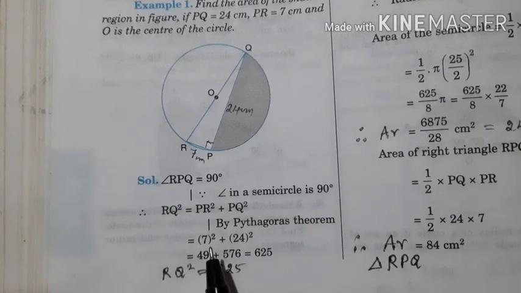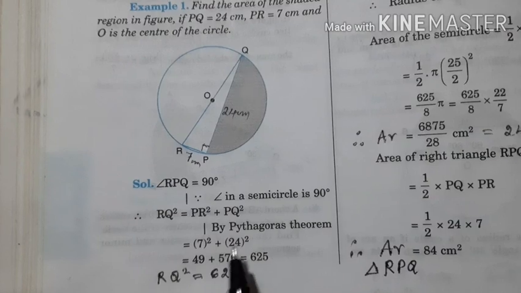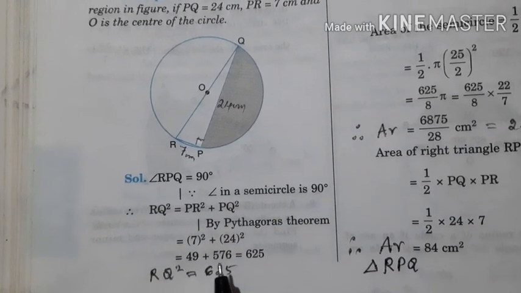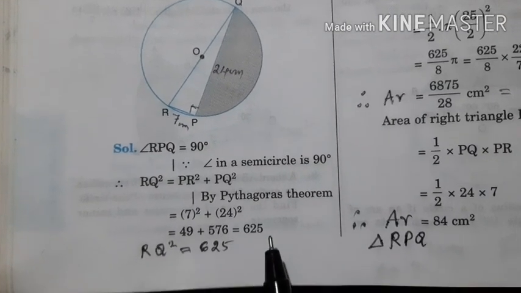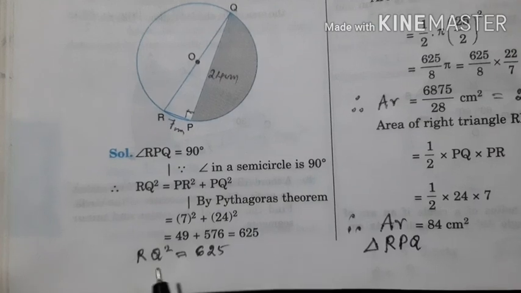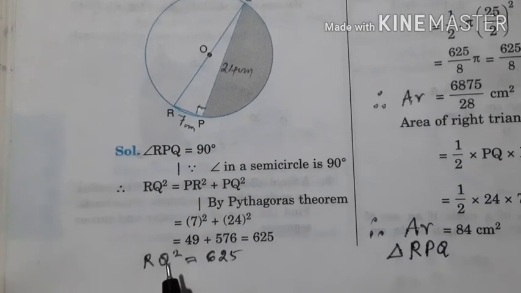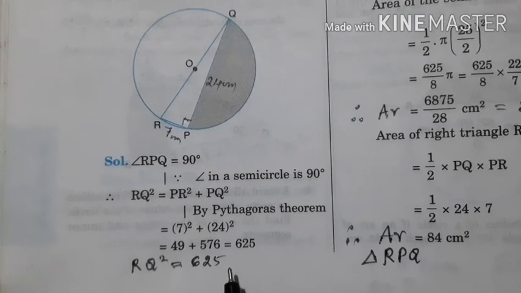PR is 7 centimeter square plus PQ is 24 centimeter square. 7 square is 49, 24 square is 576. 49 plus 576 is equal to 625. So, children, RQ square is equal to 625. If this square is transposed to this side, it becomes square root.